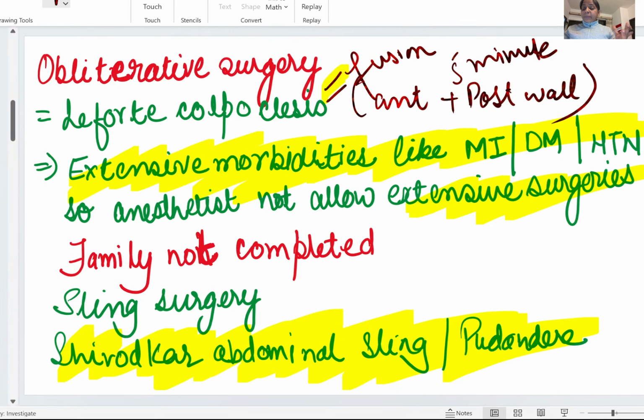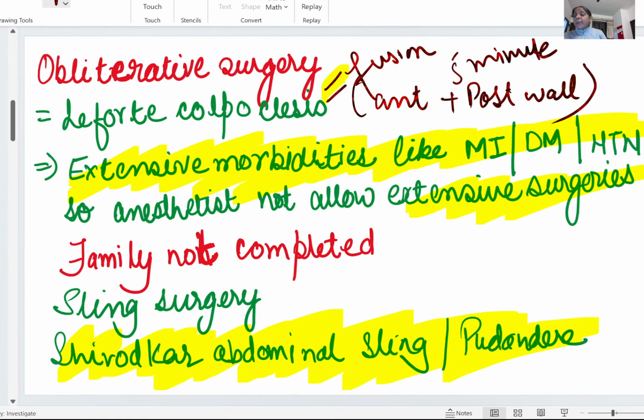So in which patients is Le Fort colpocleisis done? Because these patients have very high morbid diseases like MI, diabetes mellitus and hypertension, we cannot anesthetize them for extensive hysterectomy surgeries. So we do Le Fort colpocleisis.